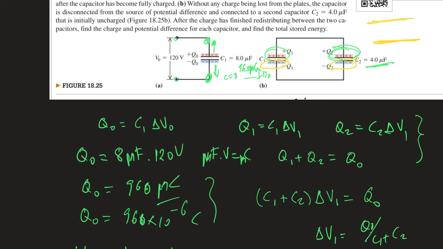Initially the charge was on the first capacitor, so some charge will flow from one of the conductors to the other plate to make an equipotential surface.